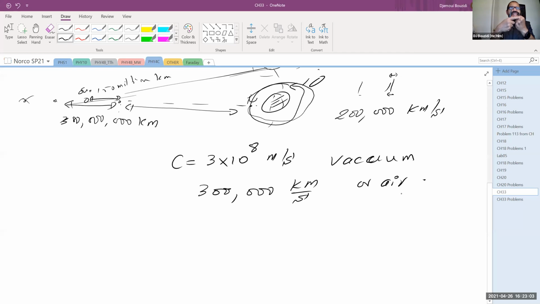Light hits this atom and excites it. During that time, light is traveling nowhere. Then the atom, to go back to its ground state, emits the same frequency that hit it. Now, when it goes back into the ground state, this light travels with the speed of light between the two atoms until it hits the next atom. During that time, it's absorbed, then re-emitted again and again and again.